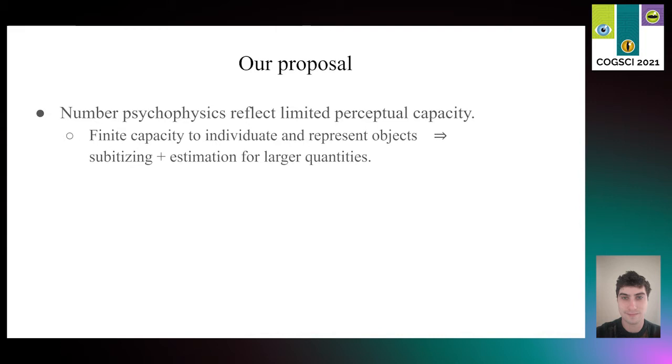And the proposal that we take is that number psychophysics can actually be understood mostly, if not completely, as a reflection of limited perceptual capacity. Specifically, that one's ability to individuate and represent objects in a scene ends up leading to subitizing and estimation and underestimation and all of these biases and patterns that you observe in numerical estimation.